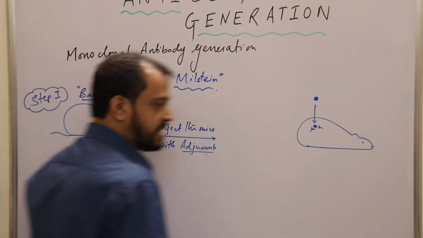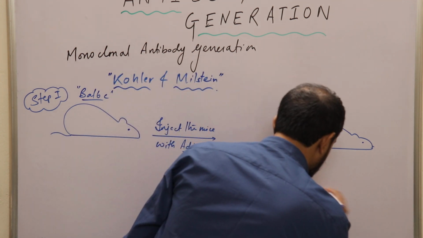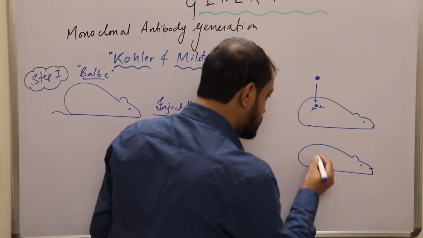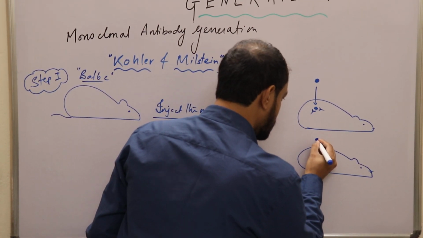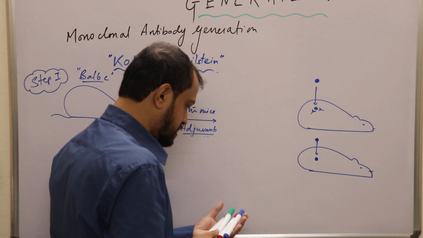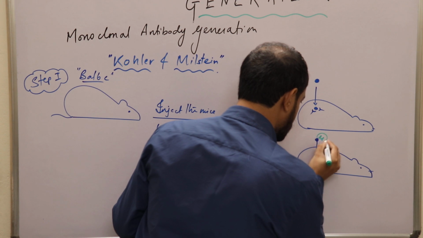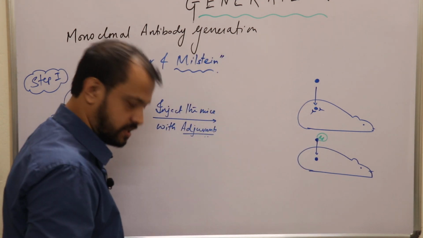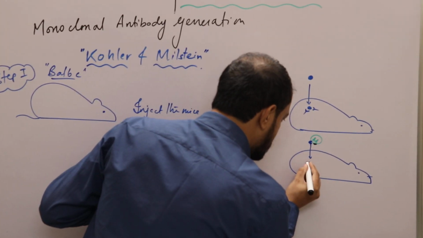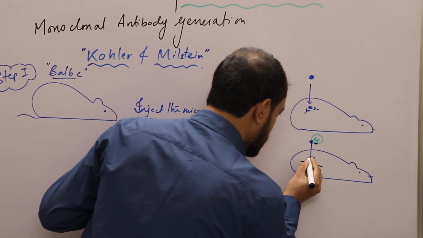What is an adjuvant? Now listen, what is the work of an adjuvant? Suppose in the second experiment you add the same concentration of antigen, but to this antigen you are adding an adjuvant. What will happen is there will be much more production of antibody.